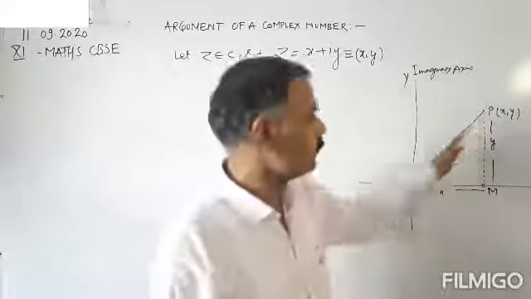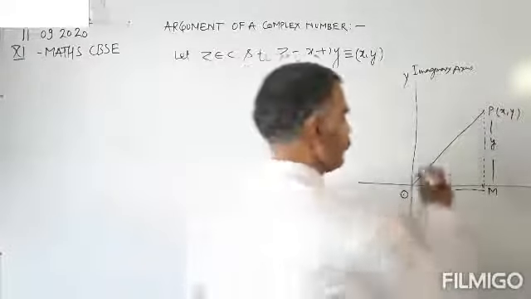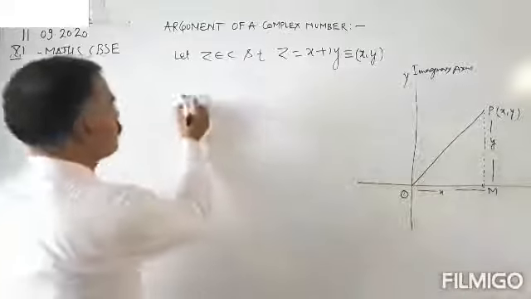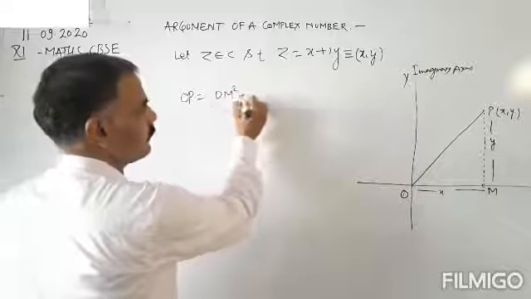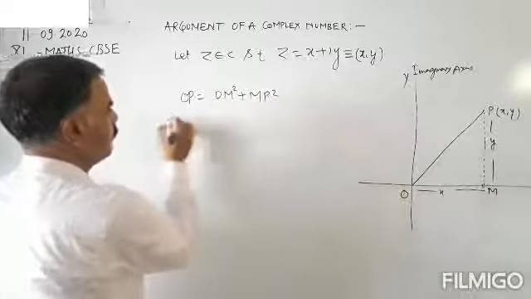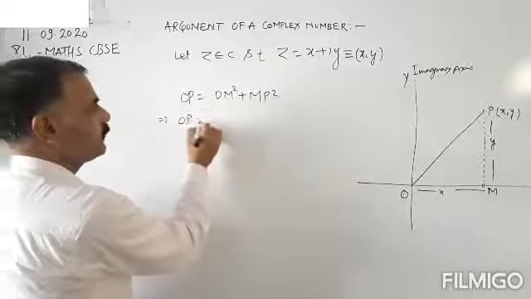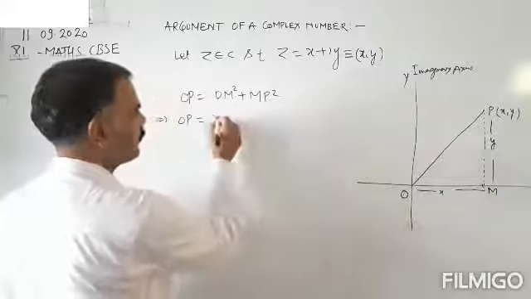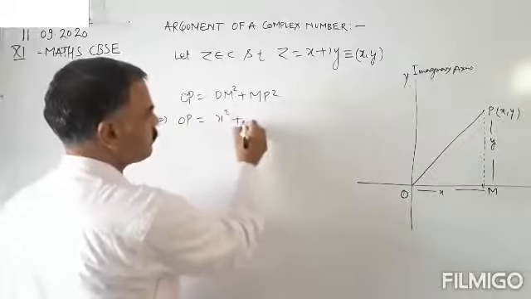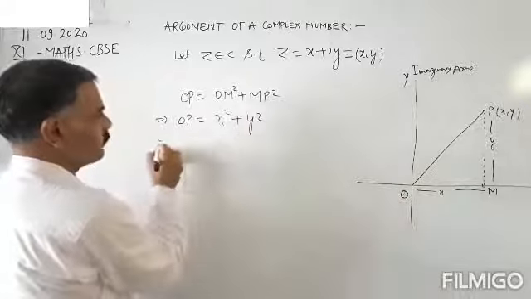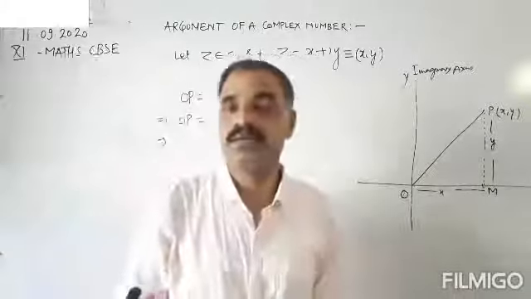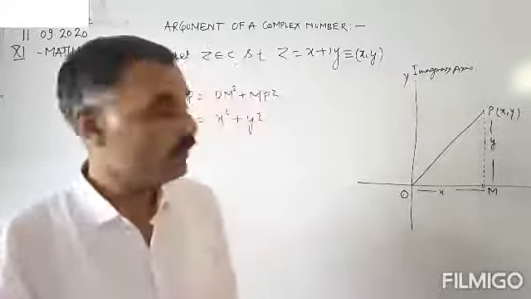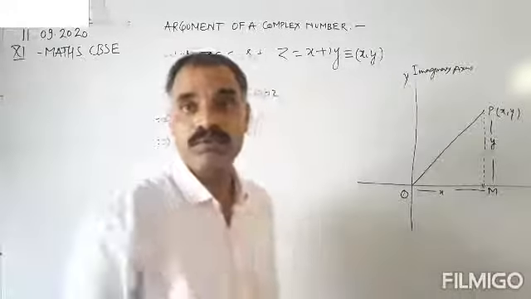This distance OP squared is equal to OM squared plus MP squared. Means OP squared is equal to OM squared, that is x squared, plus MP squared, that is y squared. So OP is the magnitude, OP is the length, OP is the distance, or OP is the magnitude of the complex number z.